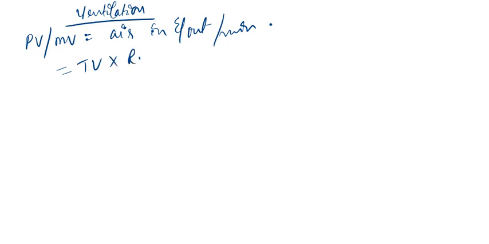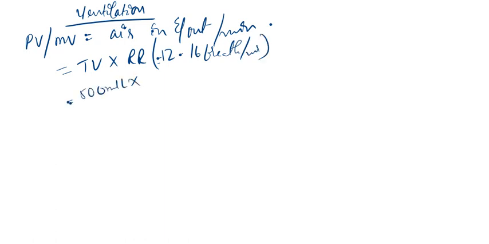What is the respiratory rate normally? It is 12 to 16 breaths per minute. Right or wrong? Right. Now what is the tidal volume? That's 500 ml into how much is the respiratory rate? 12, that is 6 liters. So this is the minute ventilation or pulmonary ventilation.